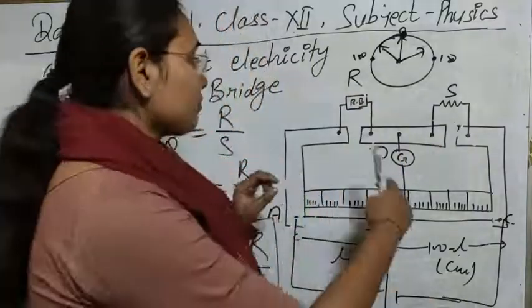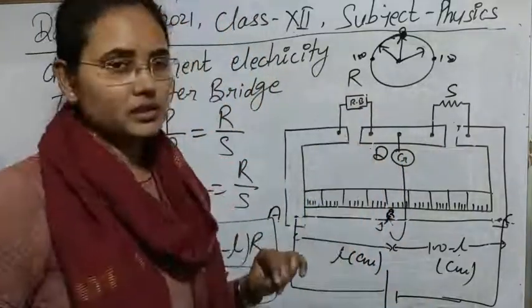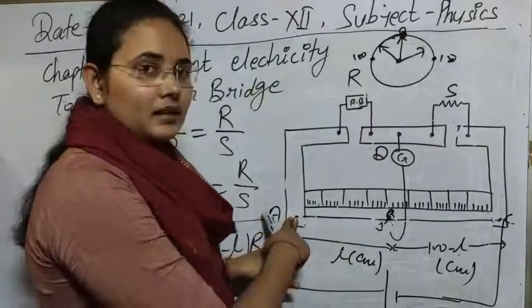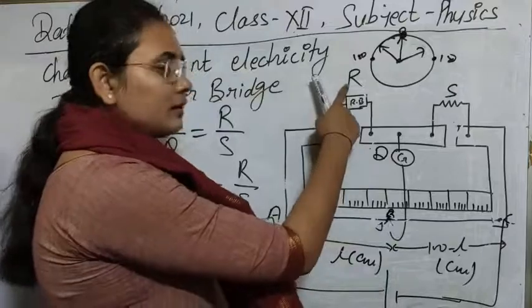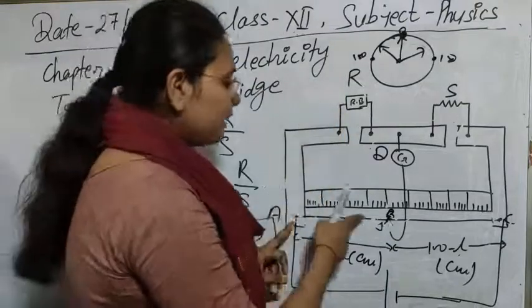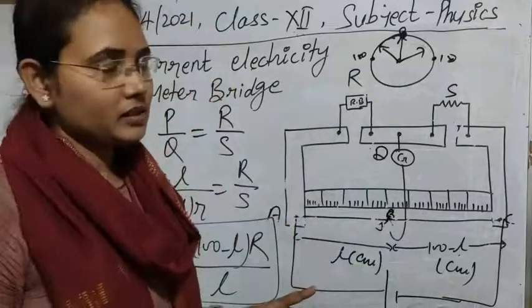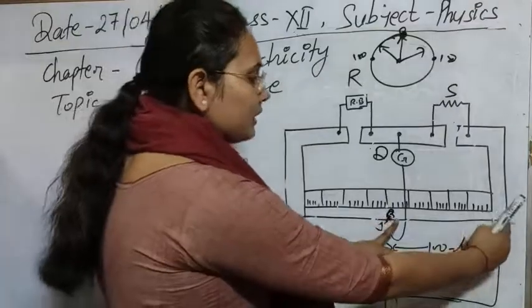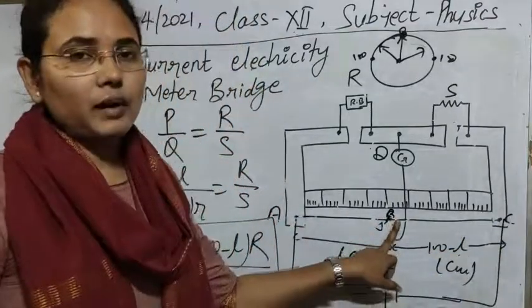Third thing, you can also interchange these two positions, but while interchanging, one thing you have to keep in your mind: if you are connecting the resistance box here, then you have to take L length from this side, the A side. Means where you are connecting the resistance box, the variable resistance R, on that side you have to take L length. Obviously, if this is our null point, then L length will be this. If you take L this way, then your calculation for the resistance will be wrong.